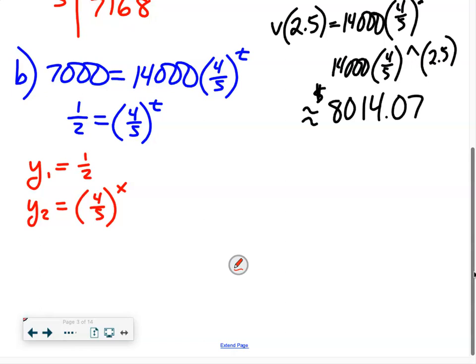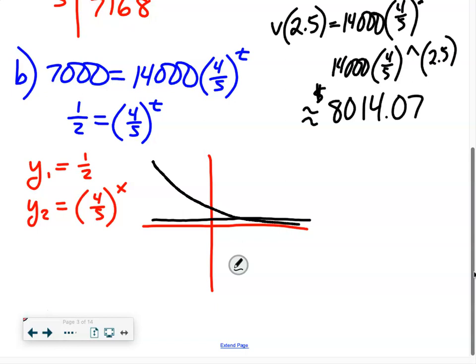There's my half, and down comes my exponential function. So you get a graph that looks like this. You have your y equals a half coming along, that's a horizontal line, and then you get your exponential decay going down like that.